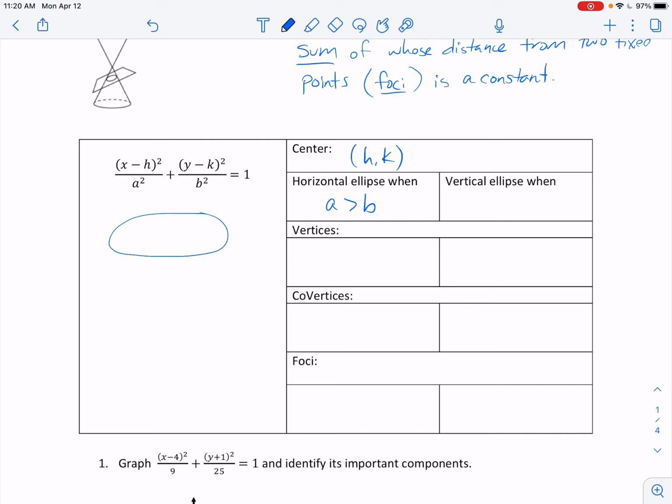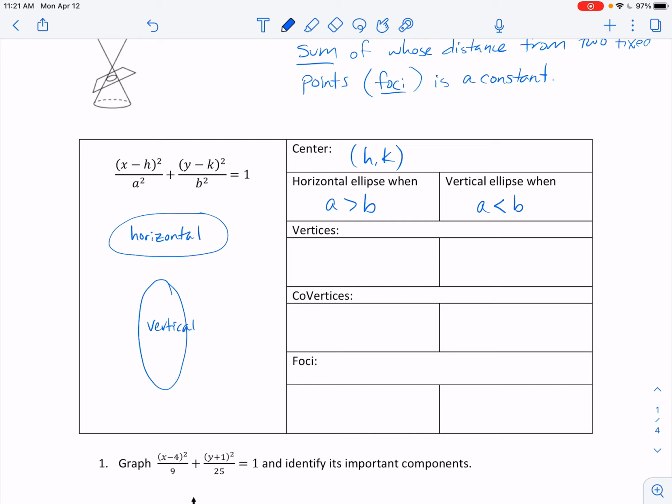So when I move more in the x direction than I do in the y direction, it's going to be horizontal. And then it's vertical, something like this, when a is less than b, or when b is greater than a. That means you've moved less in the x direction and more in the y direction.